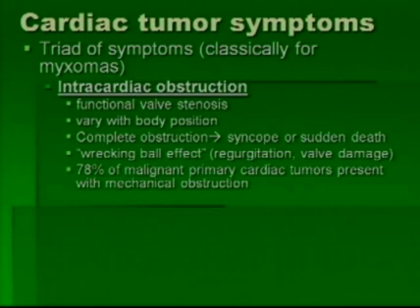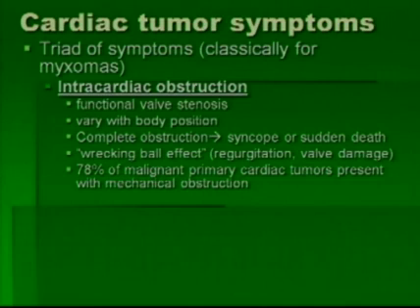It includes intracardiac obstruction, and this could be from functional valvular stenosis, which can vary with body position, can actually end up with complete obstruction leading to syncope or sudden death. There's also what's called the wrecking ball effect, basically the tumor on a stalk with each cardiac cycle just bashes into the valve, eventually causing valve damage and regurgitation. We'll see some examples of this.